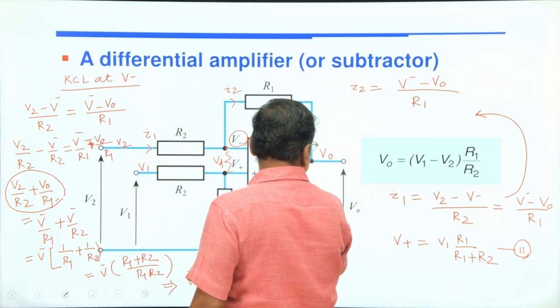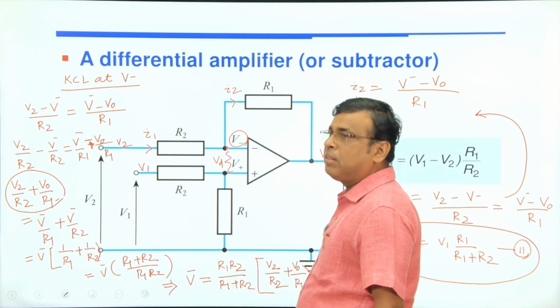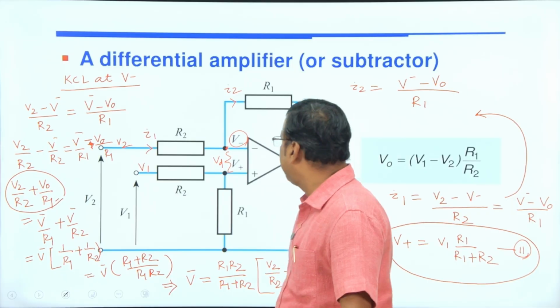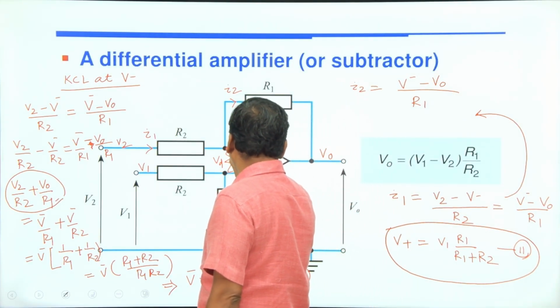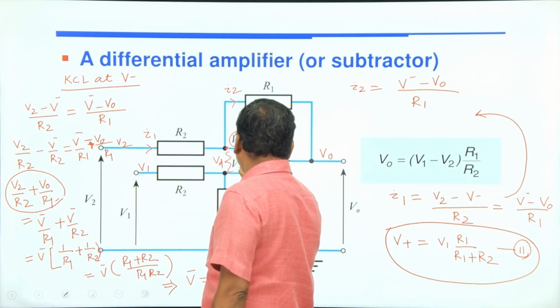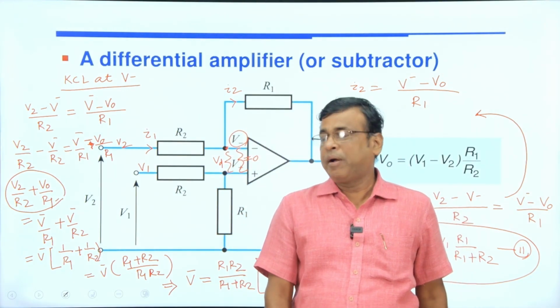And V plus is like this. One thing is, in case of an operational amplifier, due to the virtual ground concept, Vd must be 0, because theoretically Vd equals 0. Why? Because of the high gain.